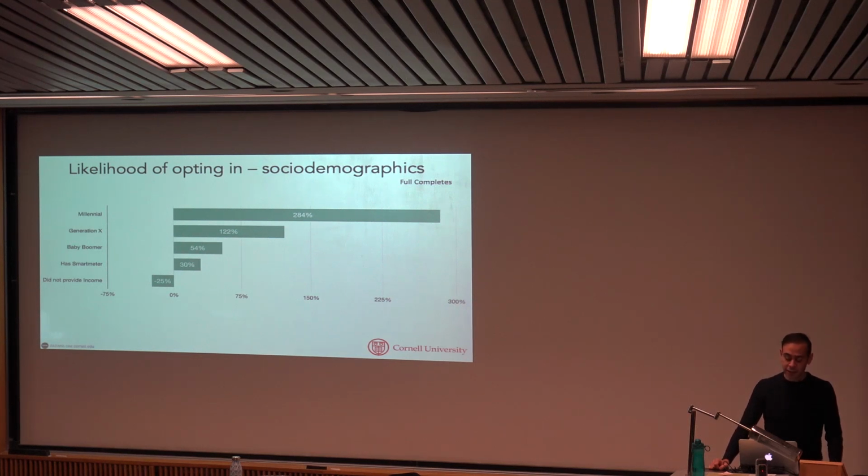Comparing millennials to older generations, we have millennials, Gen X, baby boomers, and then older generations than baby boomers. These percentages are relative to older generations, and millennials are 284% more likely to join than older generations. They see more the value of the program, they understand better energy savings and this notion of optimizing the interaction with the energy grid.